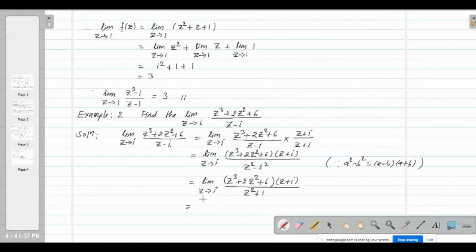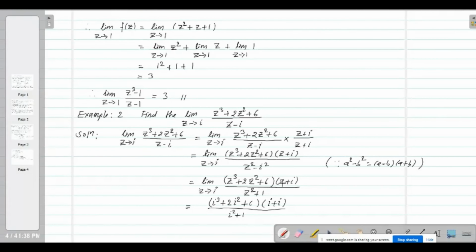So if you apply the limit here directly, this is i cubed plus 2 times i squared plus 6, and here i plus i, divided by i squared plus 1, but i squared is minus 1, so the limit of this function does not exist again. But i squared is there. See here, denominator just as a denominator.